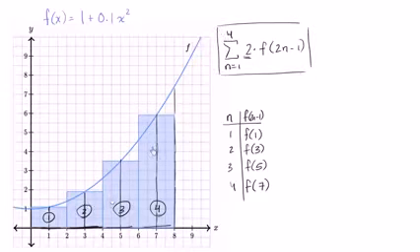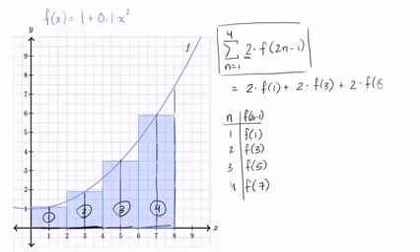And now, just for fun, let's try to evaluate this. This is going to evaluate to 2 times f of 1, when n is equal to 1, plus 2 times f of 3, since when n is 2, 2 times 2 minus 1 is 3. When n is 3, this is 2 times f of 5.